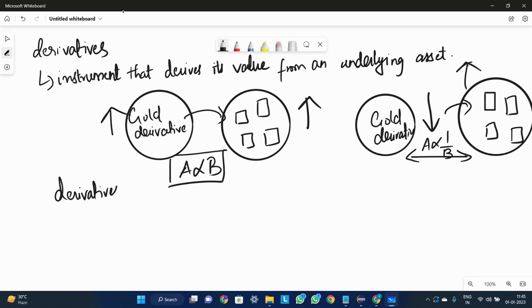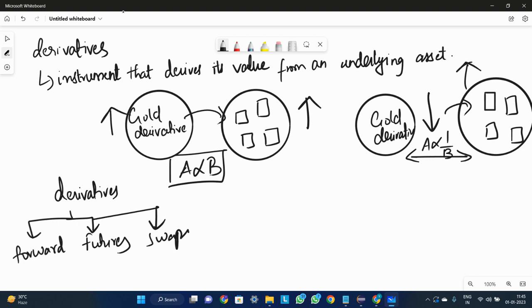There are four derivatives: forwards, futures, swaps, and options. When we're discussing derivatives, you are typically discussing derivatives on the stock market that are listed on an exchange. Only futures and options are traded on the exchange. Forwards and swaps are not traded on an exchange.